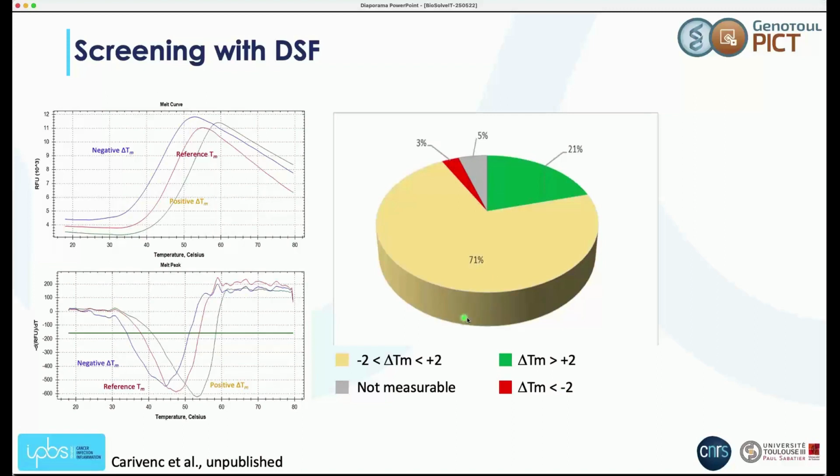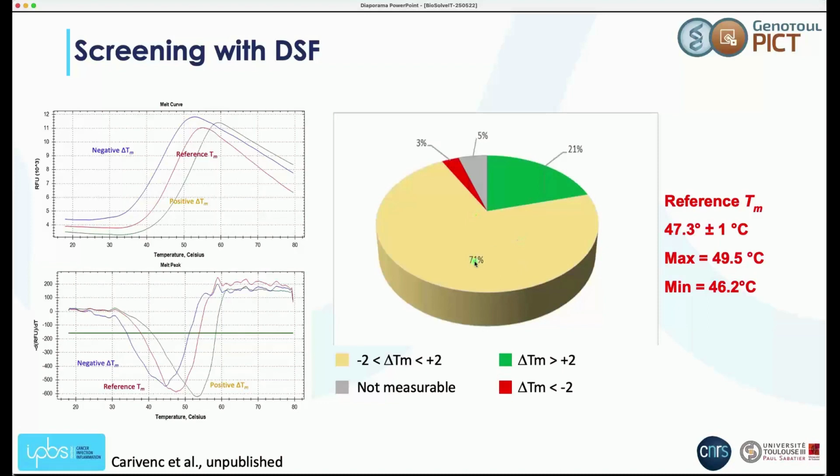So this means that we have about 225 fragments which are supposed to interact somehow with our protein. This is quite a high hit rate, but we were not really confident with these results.